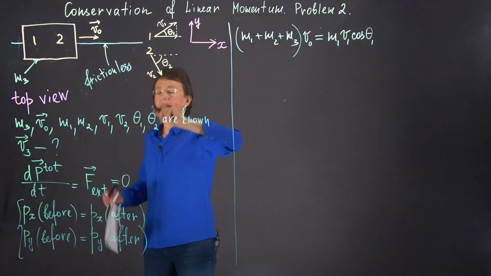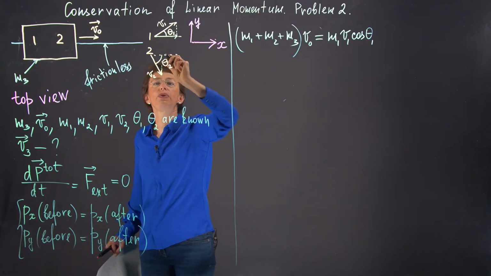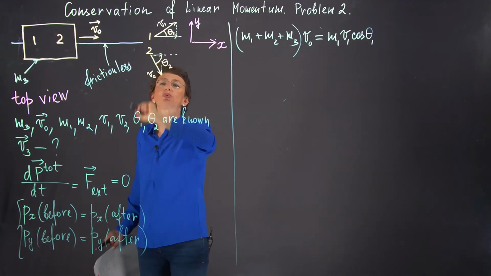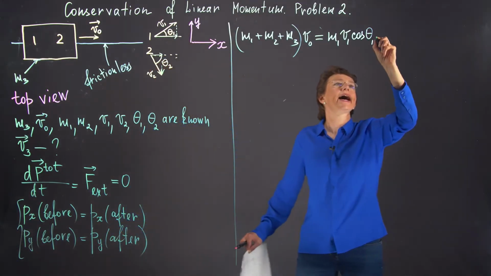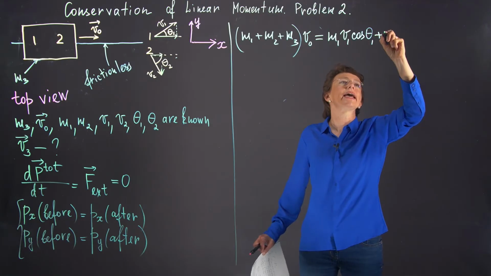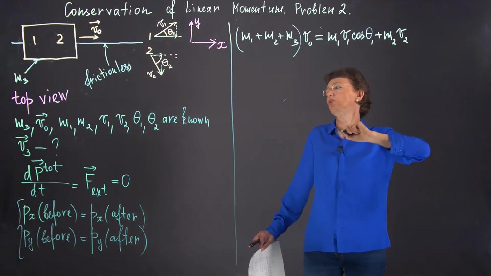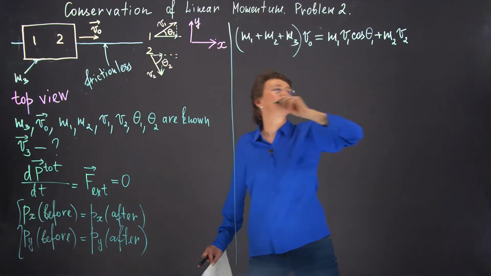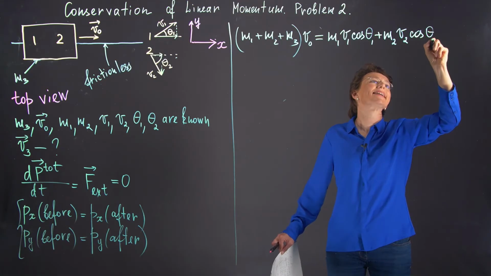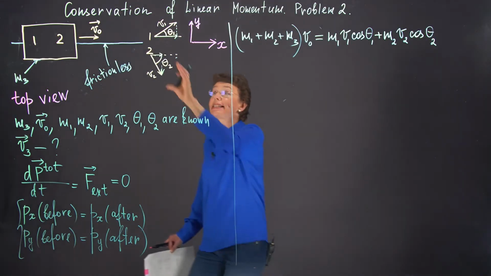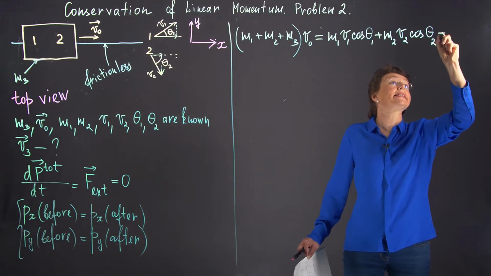Then I have rider 2. The x component of linear momentum of rider 2 will also be positive, to the right, and I have it as m2 v2 cosine theta 2. And we have the sled still moving, and the velocity of the sled is unknown.